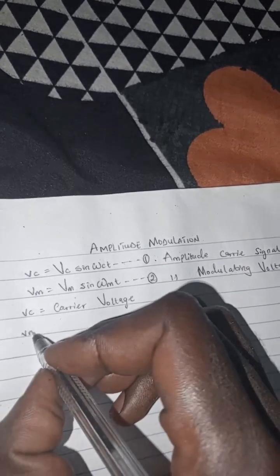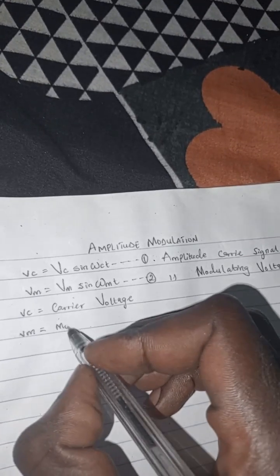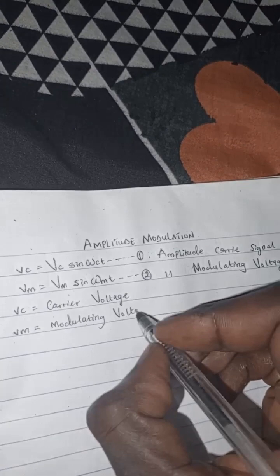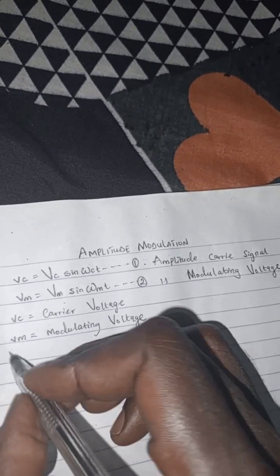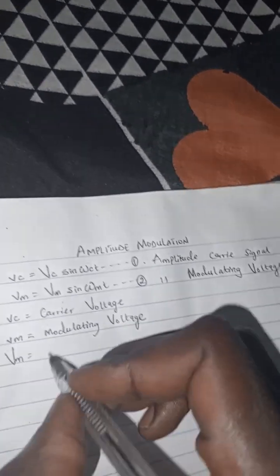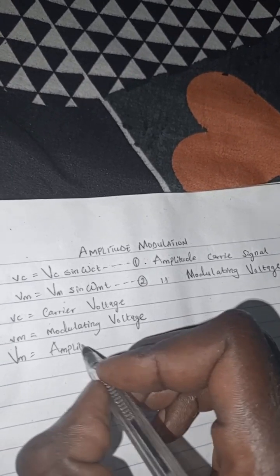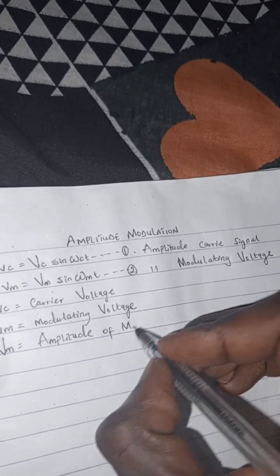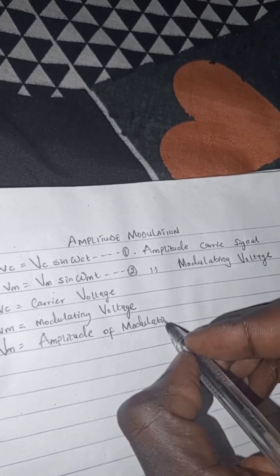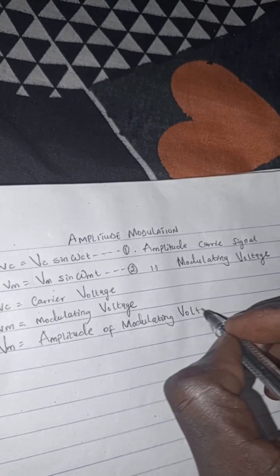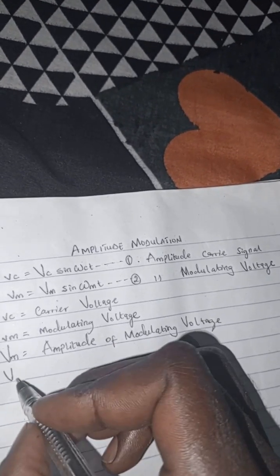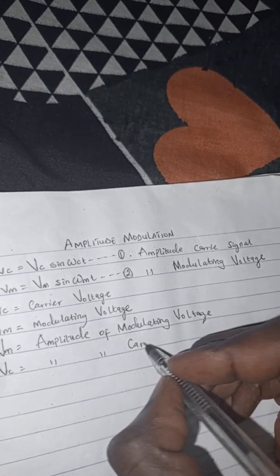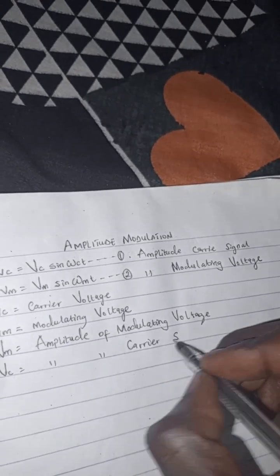The small vm is the modulating voltage. While the big Vm is the amplitude of the modulating voltage, while the big Vc is the amplitude of the carrier signal.